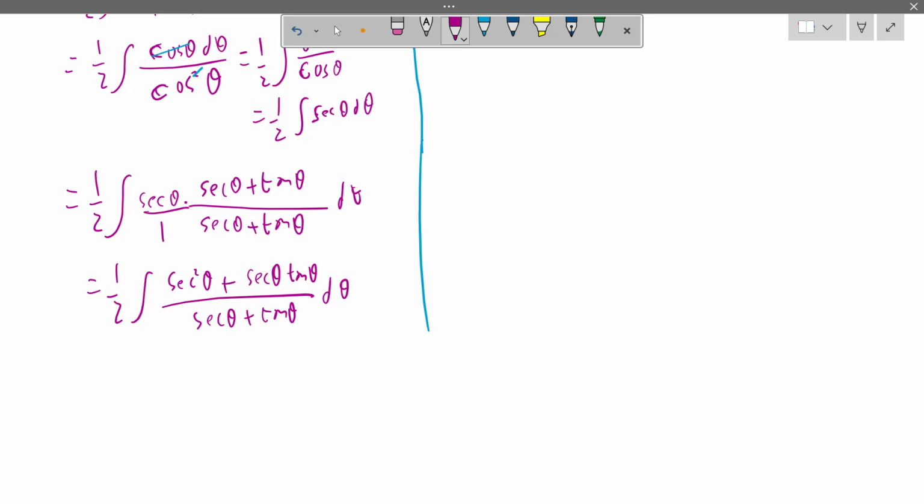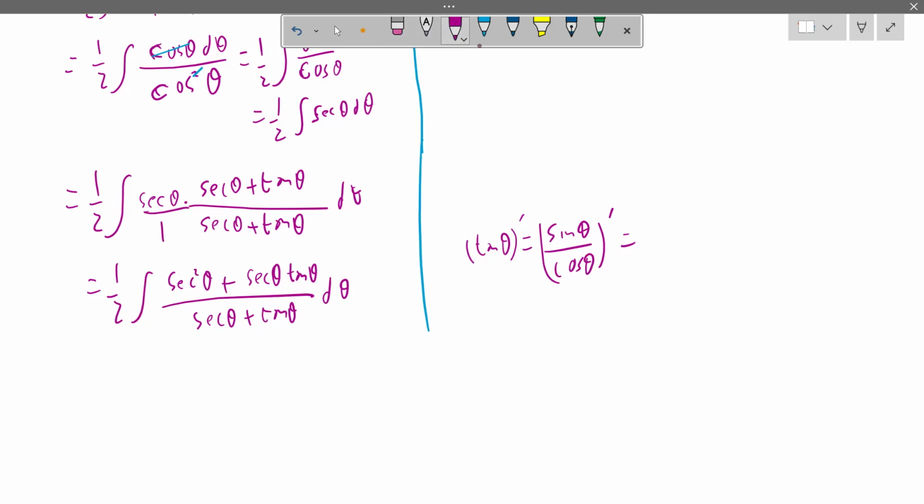Let's recall again. Tangent of theta can be restated as sine of theta over cosine of theta. If you differentiate this with respect to theta, this becomes, what is it called?